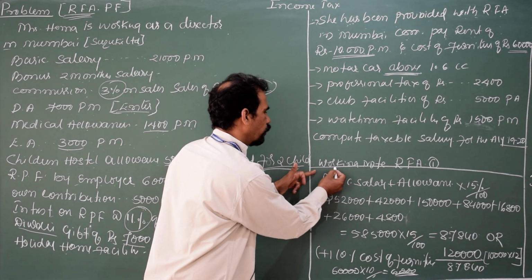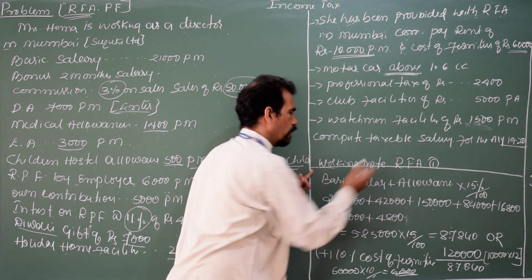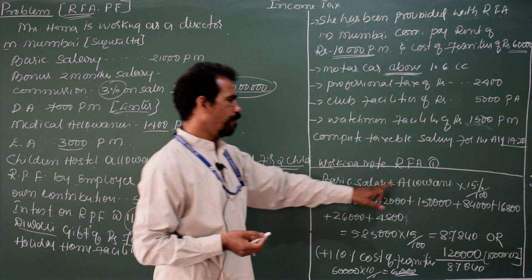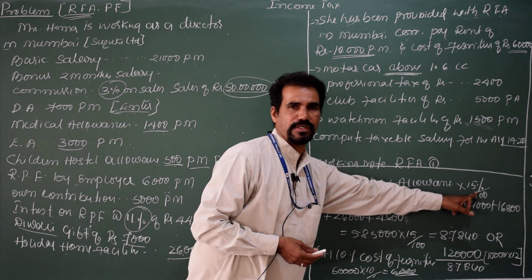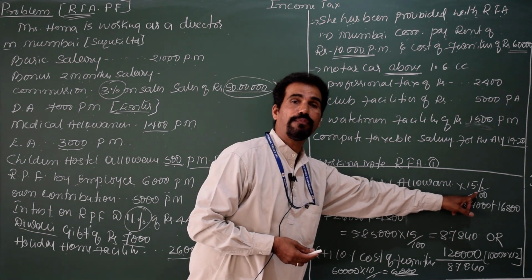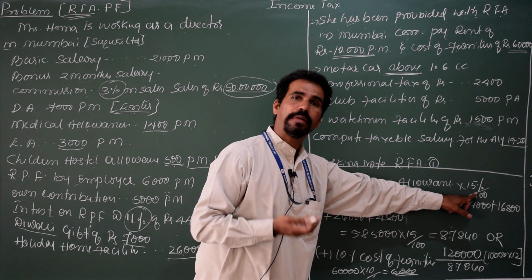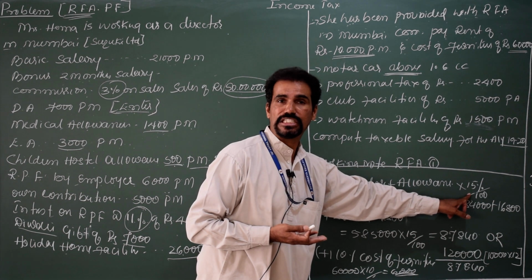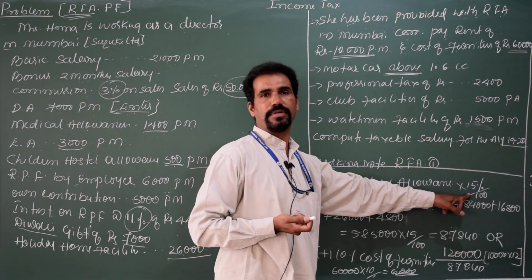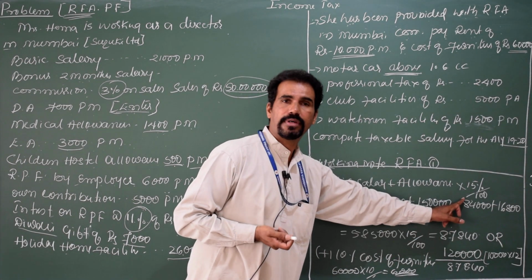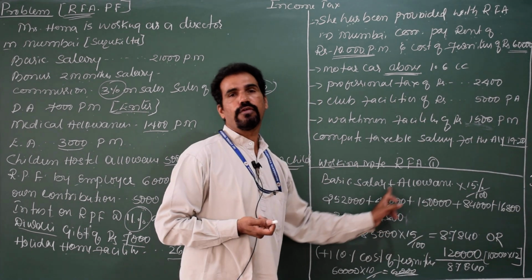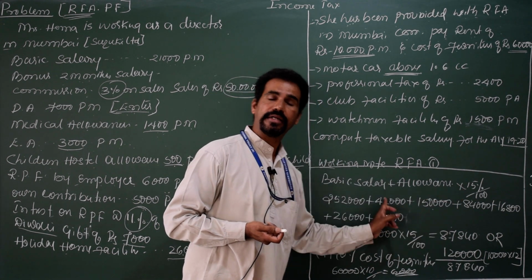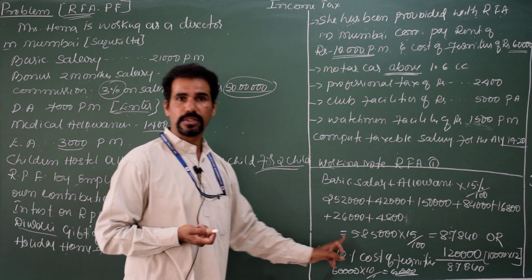Now see working note number 1 for RFA: basic salary plus allowances into 15%. How to get the 15%? It is mandatory as per the IT rules, but it is not given in the adjustment, 15%, 10%, 20%. But you should remember that for RFA it is 15% of salary, add 10% of cost of furniture.